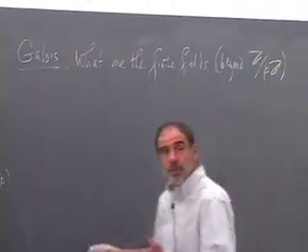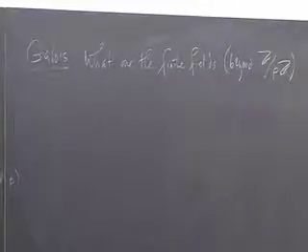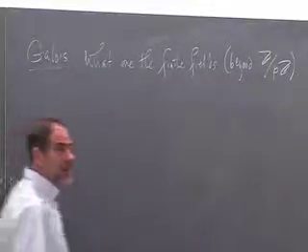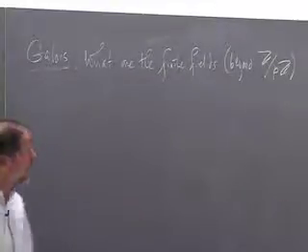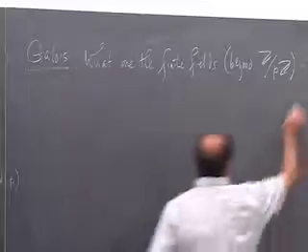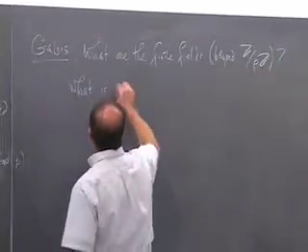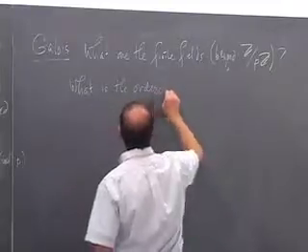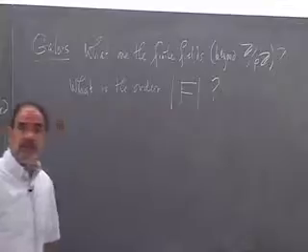Namely, the finite fields, that's a really interesting question. We don't even know the final answer to that. But finite fields, Galois realized he could make a list of them. Well, you have one for each prime p. So the first thing is you might want to know what is the order of F for a finite field.